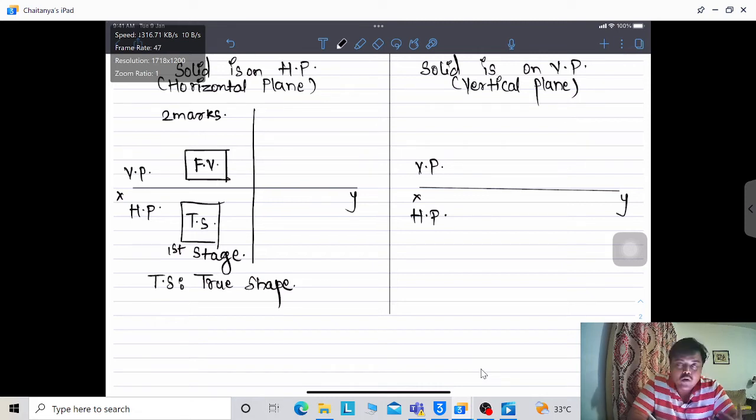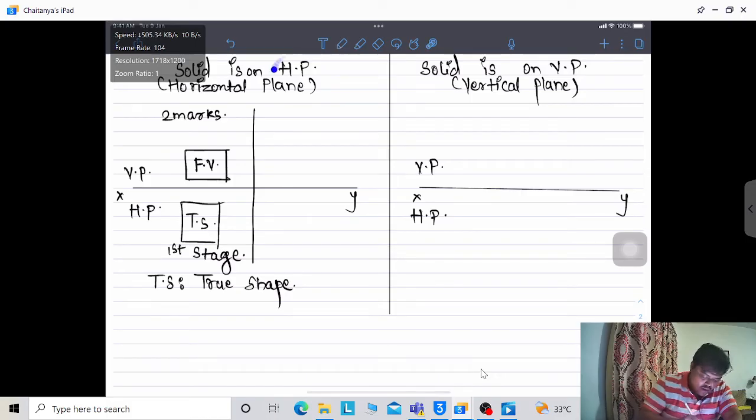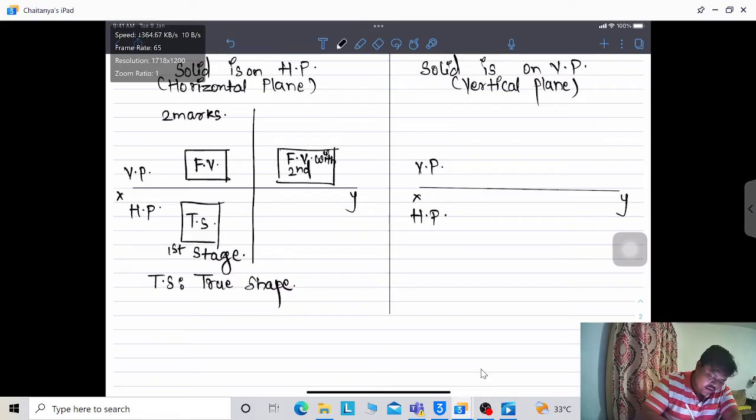If they have said that the solid is on HP, तो आपको true shape HP पे बनाना है. ओके, VP पे हमेशा प्रोजेक्ट होता है फ्रंट व्यू, तो इधर फ्रंट व्यू बनाना है. ओके, देन ओवर हियर सेम front view with second stage condition, okay, and with the help of projection of this and this, you get the top view.